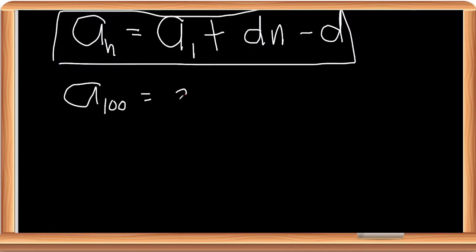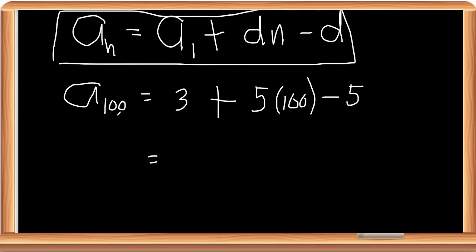So you multiply 5 by 100 right away. It is easier, it is 500. And then subtract 5. So that is 3 plus 500 minus 5, and you know right away that it is 495. You can compute it easily.